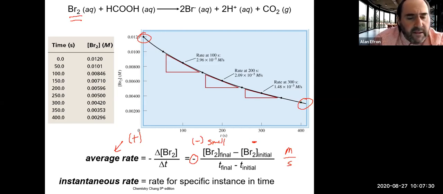The instantaneous rate is for a specific period of time. For example, let's say you were driving your car from here to Arizona, and the speed limit is say 65 miles per hour, give or take. Some places 70, 75. But say on average you drove 65 miles per hour because you're law-abiding citizens.